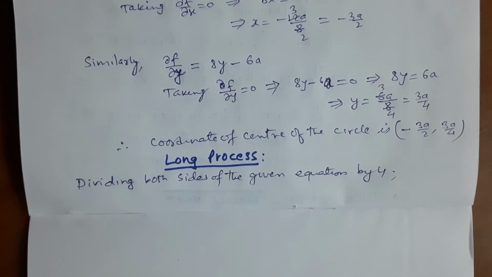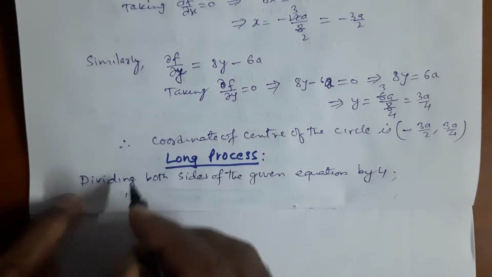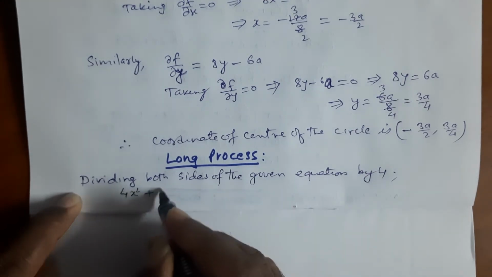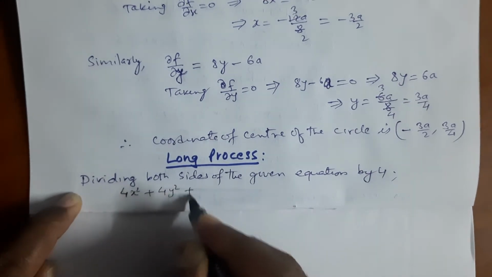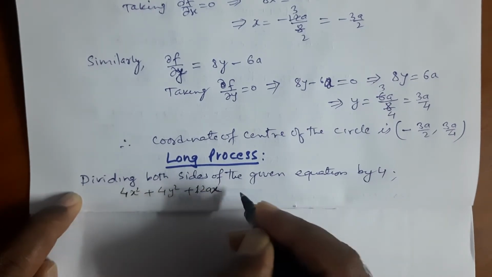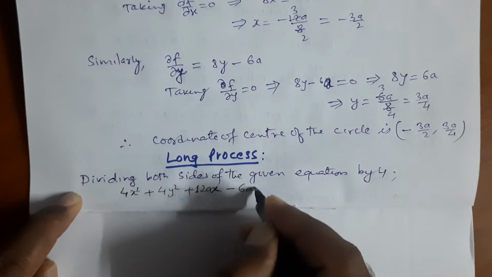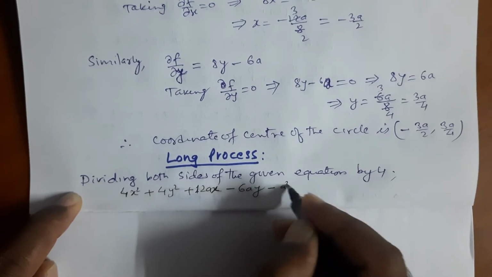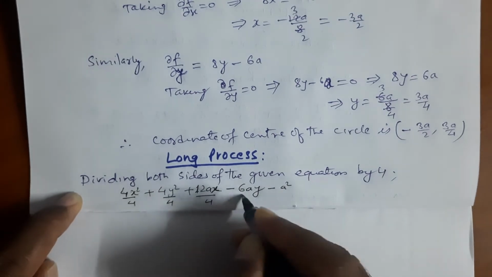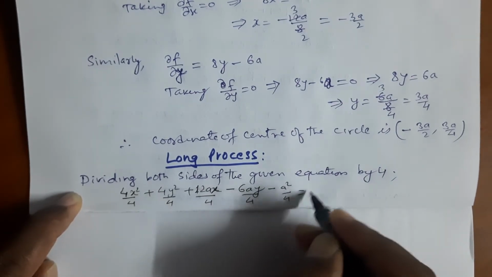And when you divide both sides by 4, then it will be like this: 4x square plus 4y square plus 12ax minus 6ay minus a square. So dividing throughout by 4, I directly divided each term by 4.